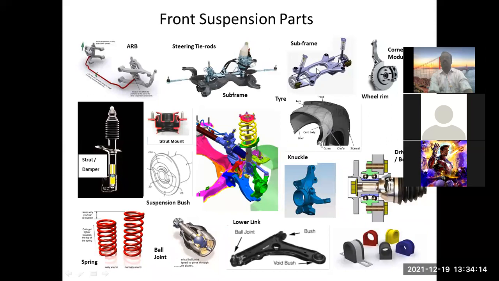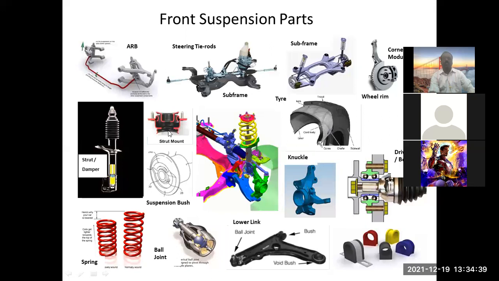On this particular subframe, the main frame of the vehicle is mounted. This is your wheel rim, which becomes a part of the suspension system. Then we have a damper. Yesterday we discussed that a suspension system generally consists of a spring and a damper.